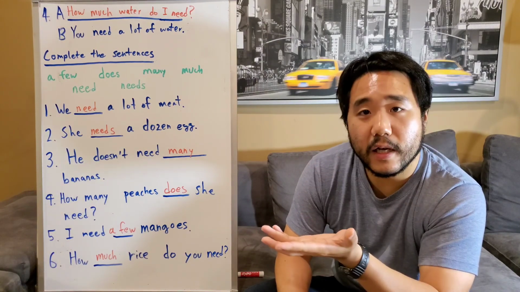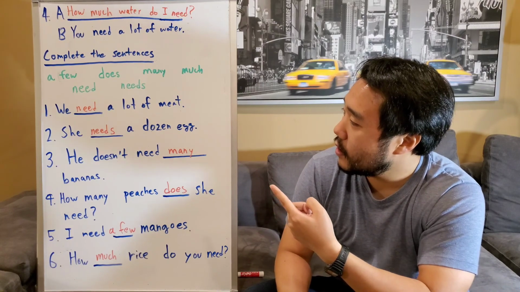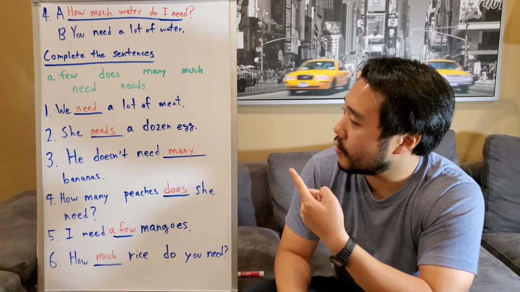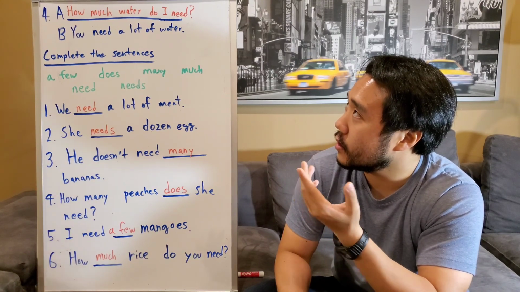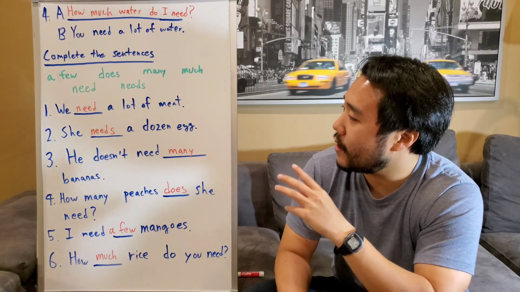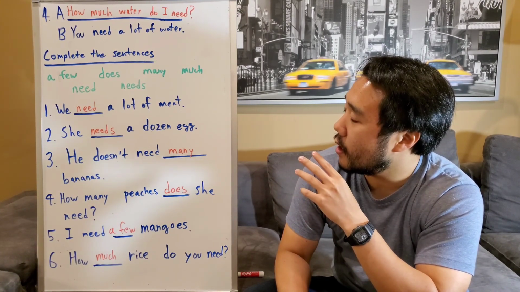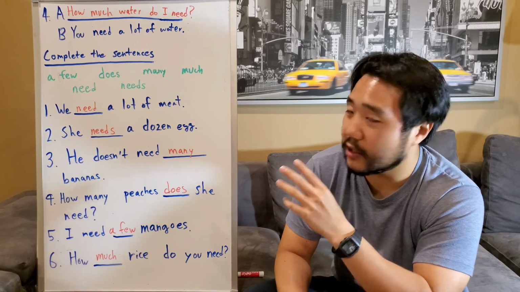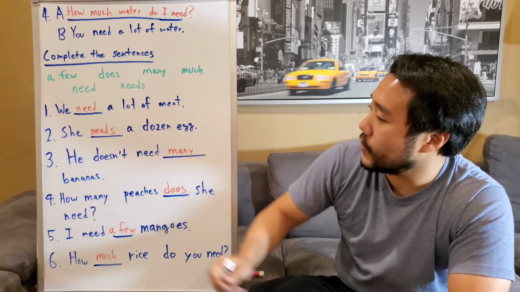It's a we, it's plural, so we need a verb for we need. So for that particular subject pronoun, we need to use the verb without the letter s. So we need a lot of meat.